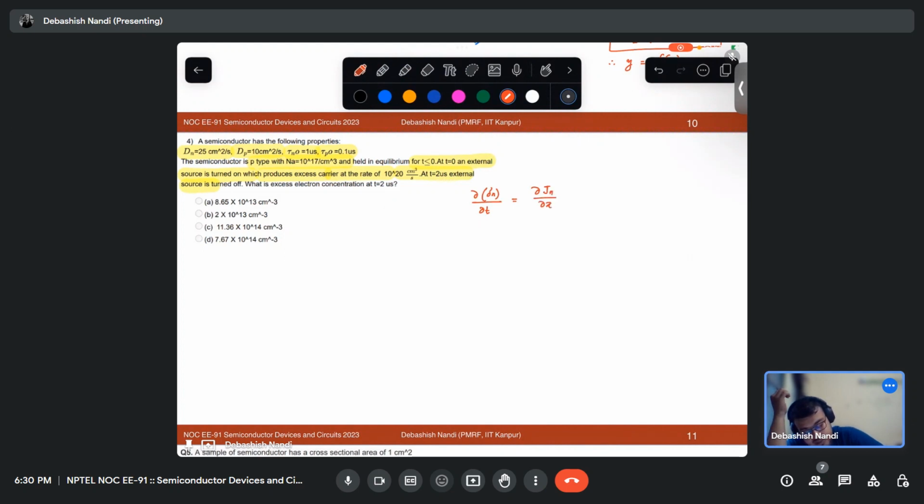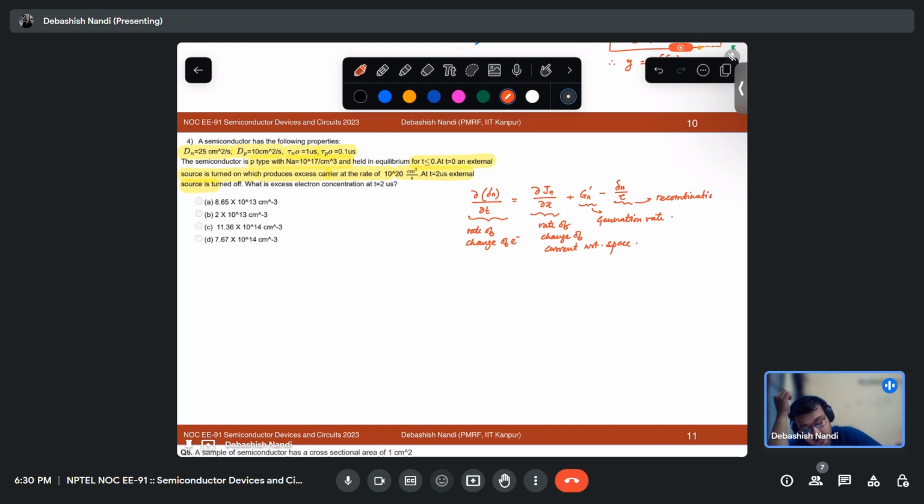Okay, this plus Gn minus delta n by tau n. This is your rate of change of electrons, this is the rate of change of current with respect to space, this is your generation, and this is your recombination.